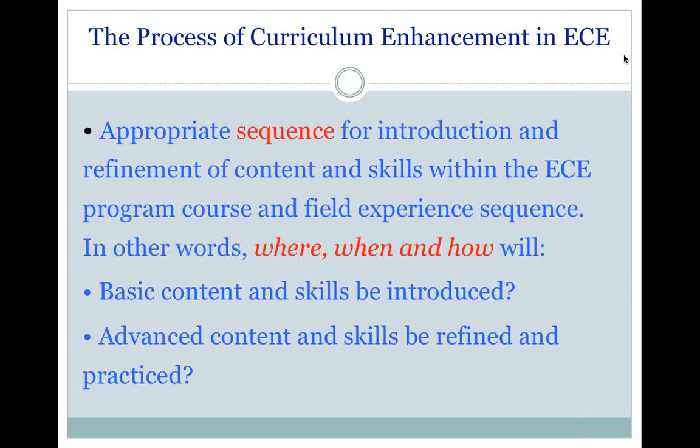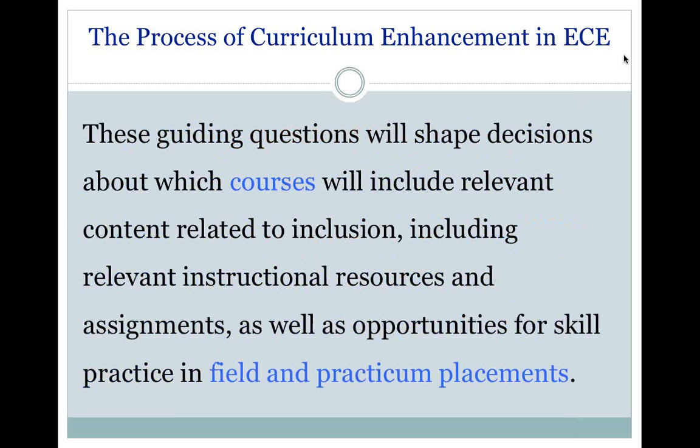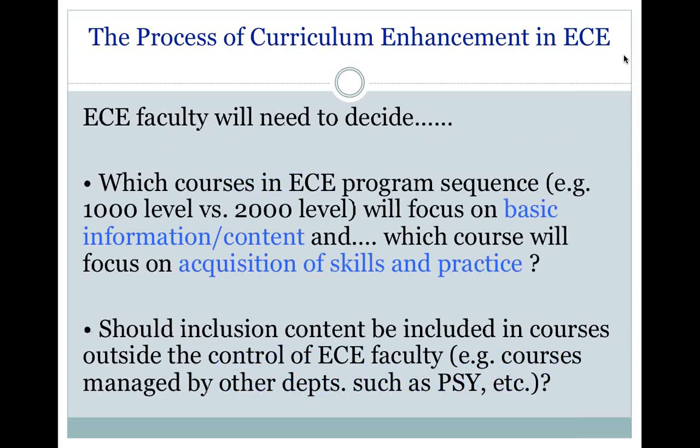Will this be accomplished by specific content embedded in the course syllabi related to inclusion of young children with special needs? Will it also involve modification or additional assignments in course-related field experiences and in the student teaching practicum? These are some of the questions a faculty would need to address in making decisions about how to move forward with curriculum enhancement.